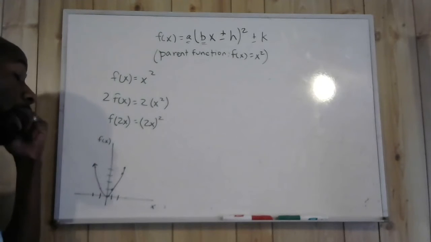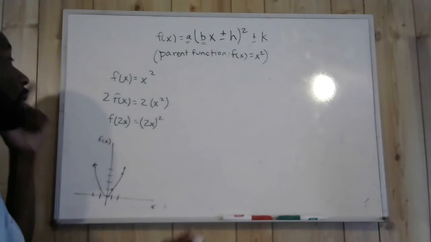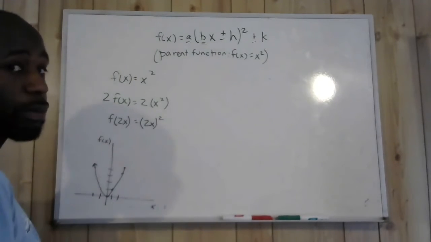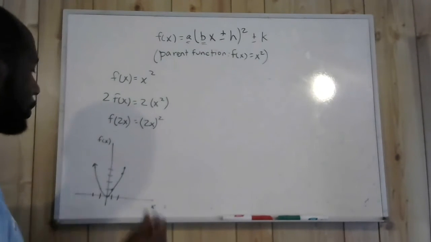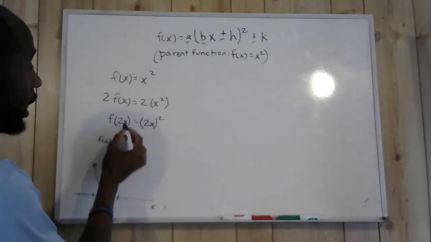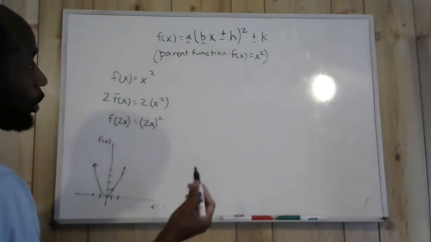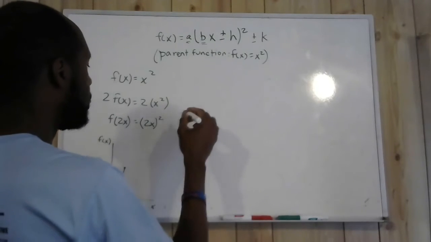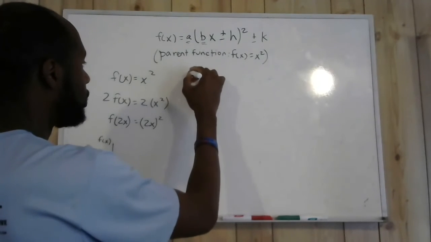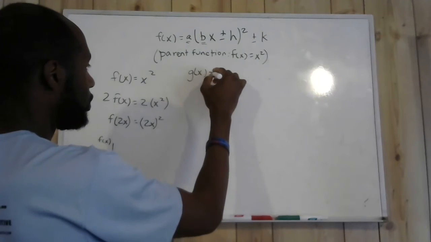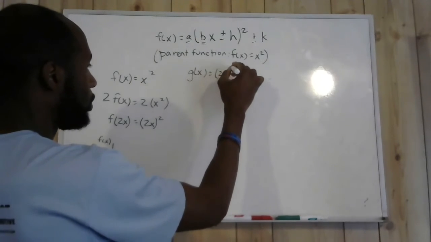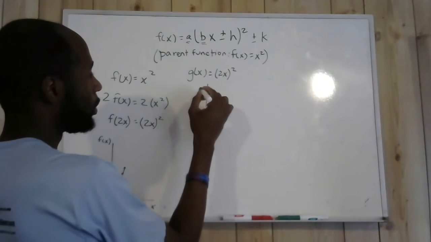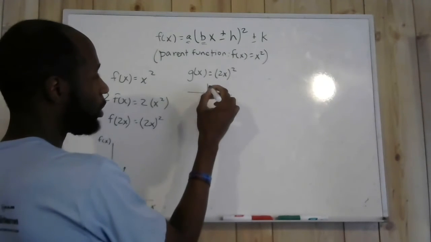All right, now let's see what happens in this circumstance when you have a constant multiplied times the x term. So in other words, we're going to let that b be 2. So that's 2x squared. All right, now I like to start out doing a table as always.